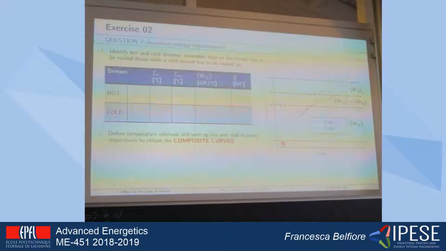In the first one, so from this temperature to this temperature, you have only one stream, cold stream 1. So you take its heat capacity. In the medium temperature interval, you have 2 of them existing, so this one and here. And you have to sum up the 2 heat capacities. And finally, in the third temperature interval, you have only cold stream 2, so you take its heat capacity.